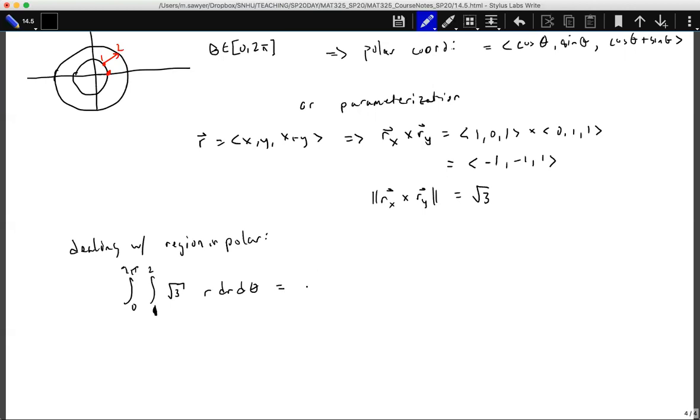And this turns out to give us 2 pi times (root 3 minus root 3 over 2), which gives us root 3 pi.